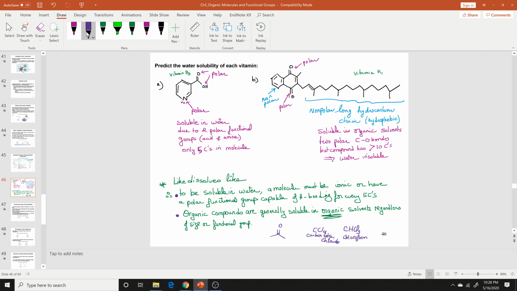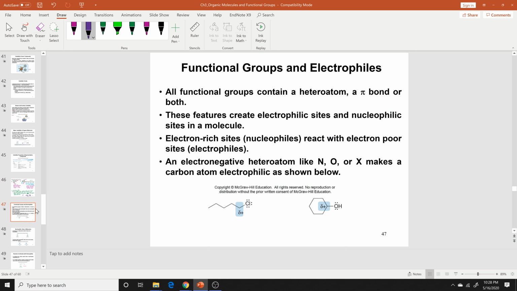This is another organic solvent that we use. It is not water-based, but it can dissolve in water because it can do hydrogen bonding with water.